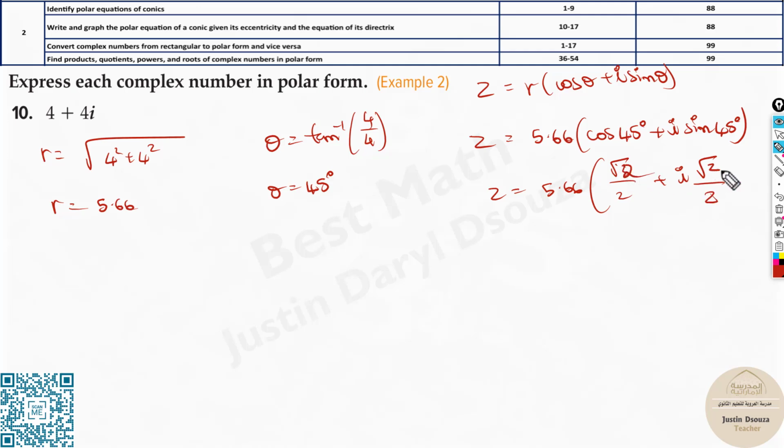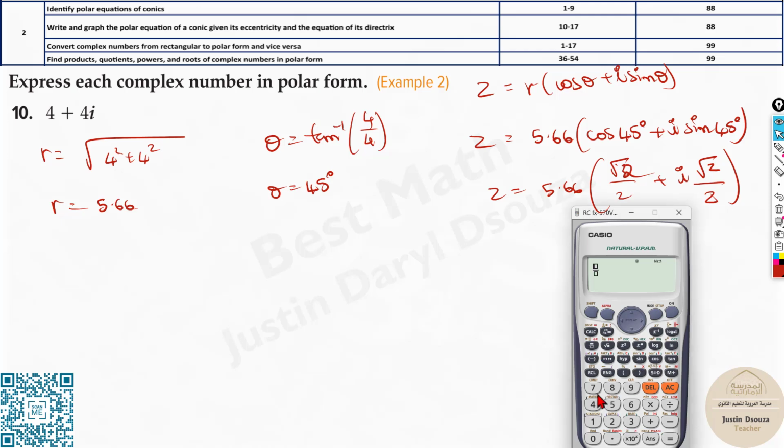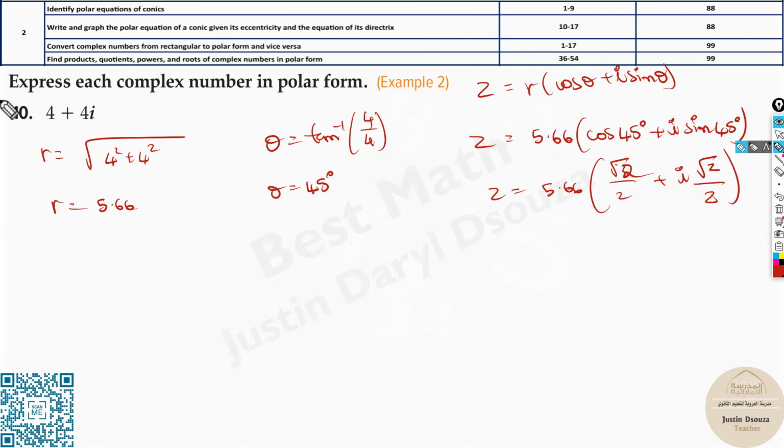If you multiply root 2 by 2 times 5.66, it should be somewhere very close to 4, because we have not taken the exact values. We have rounded off, right? That is the question. But we just want the polar form, so don't do that.